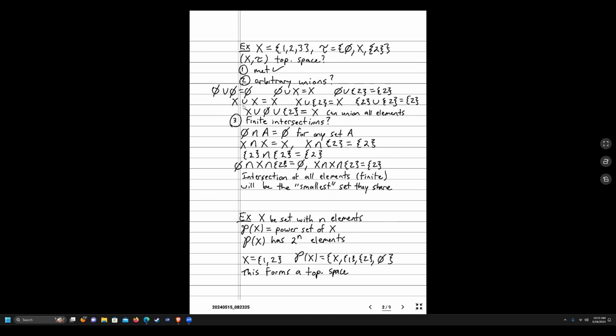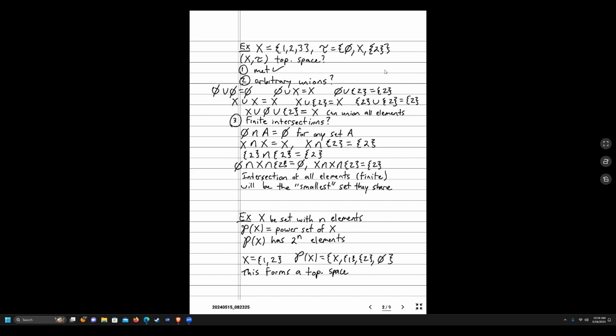So then I have X union X, which is X, X union {2}, which is X. 2 union 2 is the set {2}. And then I could take the union of all of the elements: X union the empty set union {2}, and that's going to give me X. And so all of these produce subsets that are part of the collection.